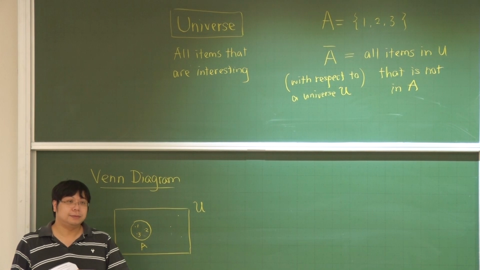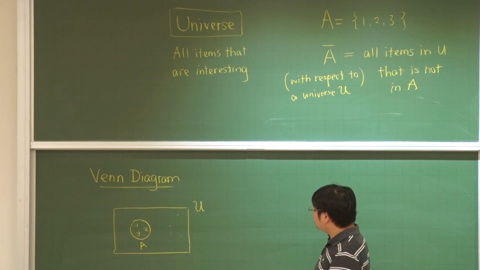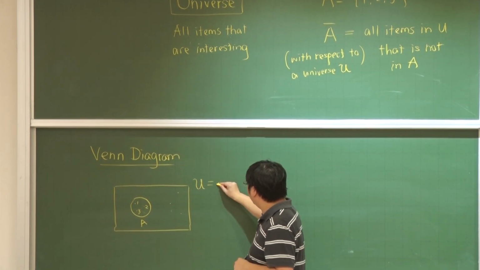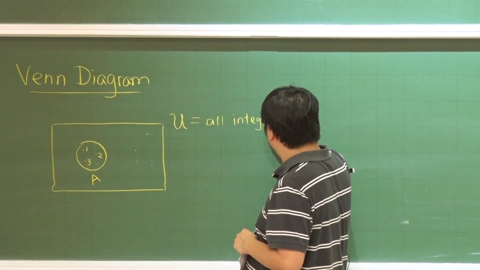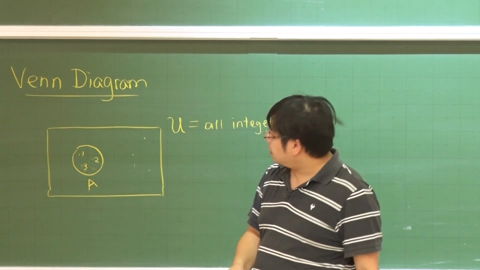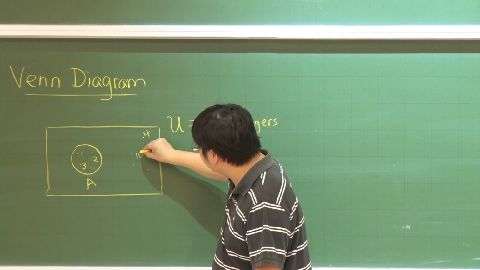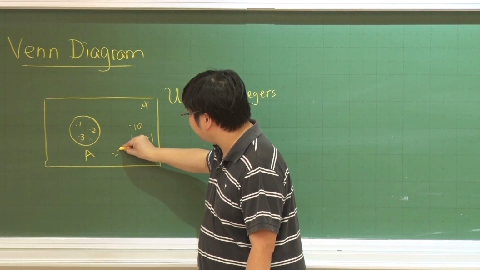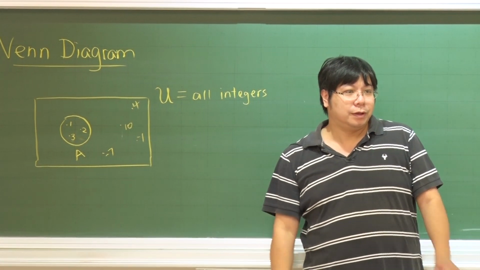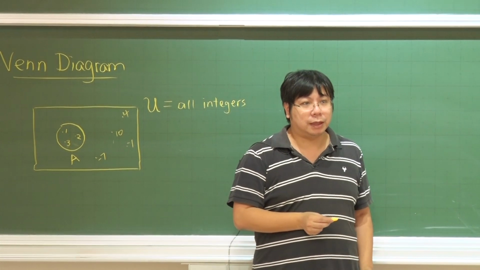Is that okay? And if we define the universe to be all integers, then there can be some number 4 here, some number 10 here, some number -1 here, some number -7 here, and so on and so forth. We don't need to draw them all, but these are some examples.